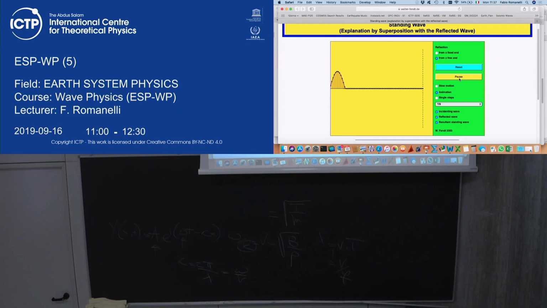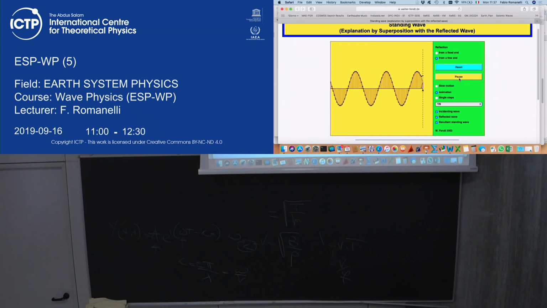I cannot accelerate it, I can only decelerate it. So it's the same, the incident is the same. It will arrive there, it will be reflected, but without phase inversion. And the end will be free now. What does it mean? That force there will be forever zero.